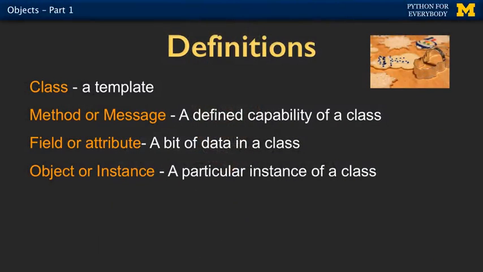We can have as many strings as we want. We have a string called X, and we could have a string called Y, and a string called Z, and X could have something different than Y and Z. But the class is string. And then methods are like string.upper. That's a method, that's a capability. And attributes are data that's part of a class as well. And then objects. We'll get to these.